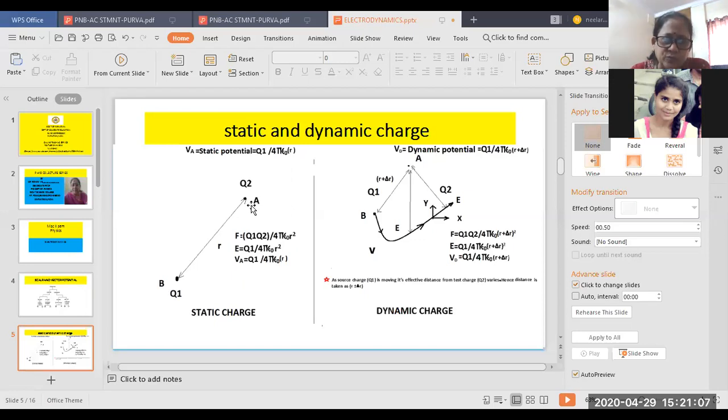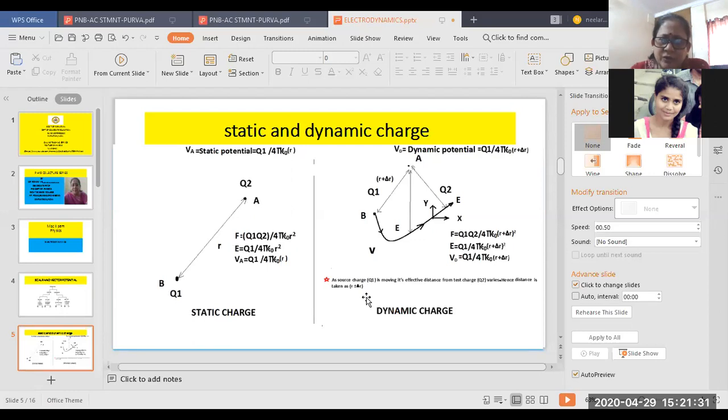My point of observation is A, so naturally at this point the charge is Q2, so I put Q2 here. You can see the remaining is the value of E. If you multiply that, you will get the force experienced by the test charge at A at a distance r from the source charge. So this is about the static charge.